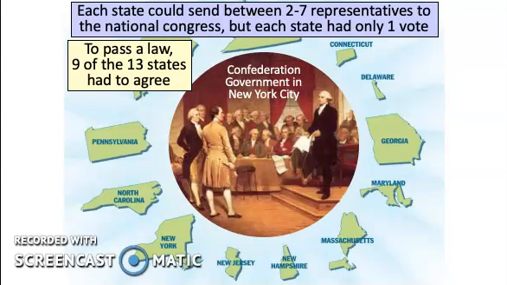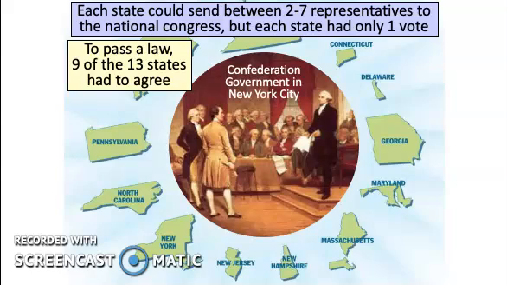To pass any law on a national level, 9 of the 13 states had to agree. And that's a pretty high bar. Today, we have a fairly divided Congress, and it's difficult at the national level sometimes for a national government to decide and get things done.